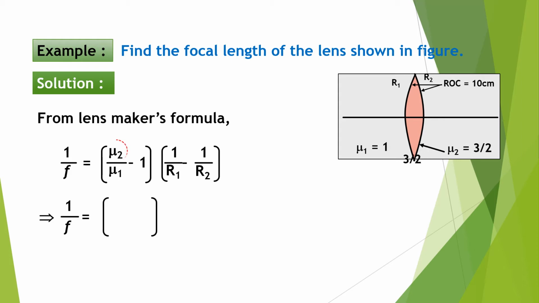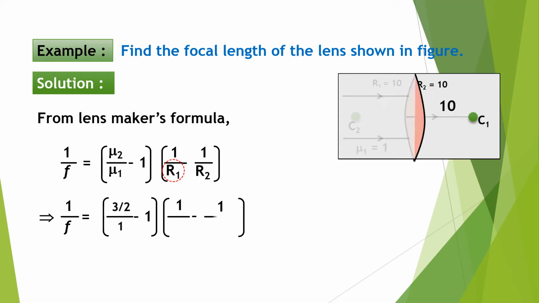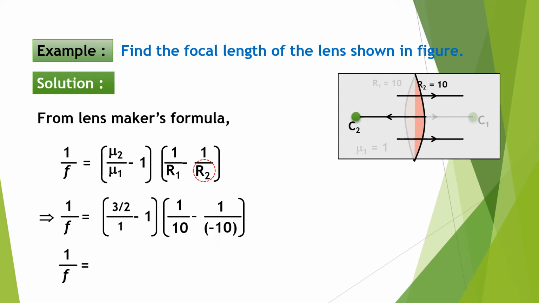So by substituting, 1 by f is equal to mu 2 is 3 by 2 and mu 1 is 1, minus 1, multiplied by 1 by r1, the radius of curvature of the first surface, and minus 1 by r2, the radius of curvature of the second surface, that is minus 10.